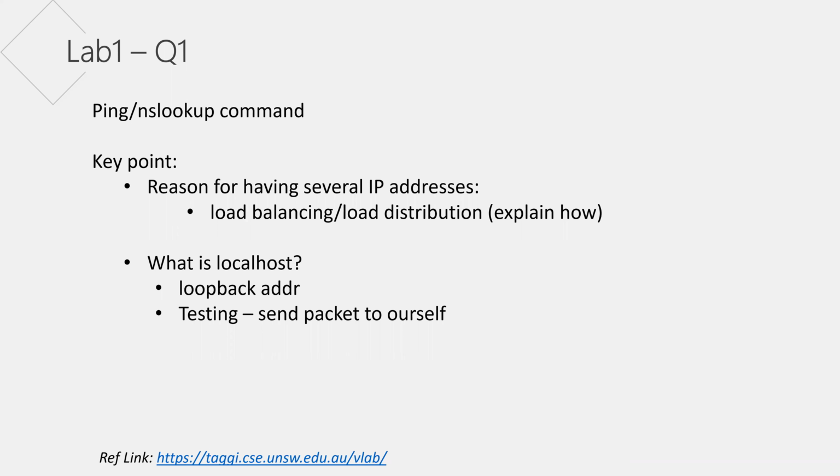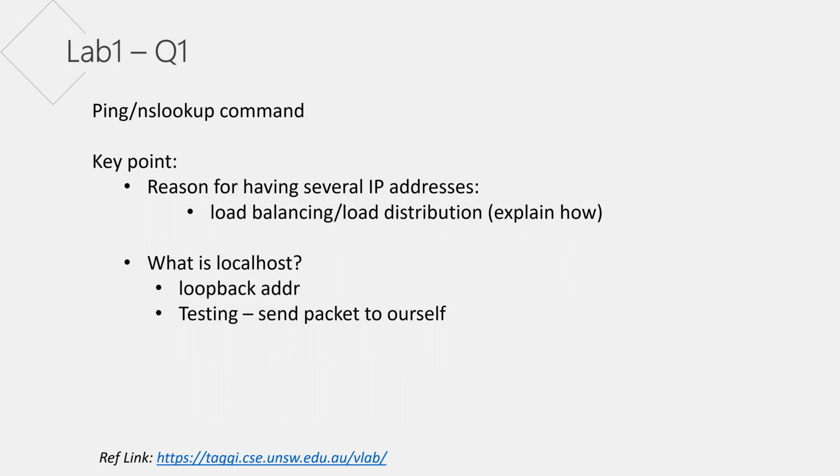I cannot tell you the answer directly, but I can tell you some keywords, and probably you can do some research on it. Some servers may need several IP addresses because they have several servers to support them, since they have very heavy load or very heavy user visits.